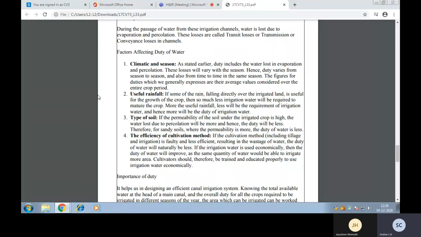The type of soil, the permeability of the soil. Permeability means a material which allows flow through. The material which allows flow through, we call it permeable. Such a type of material, we call a permeable type of material.